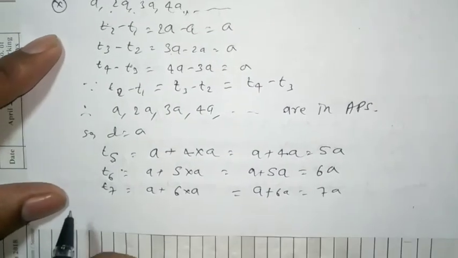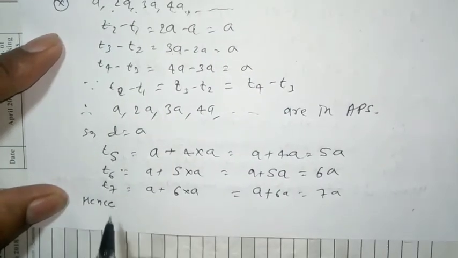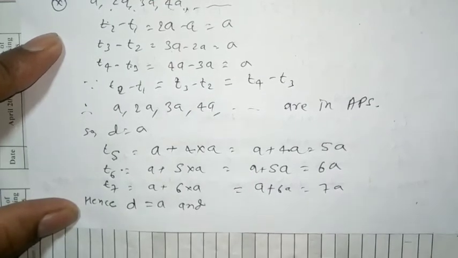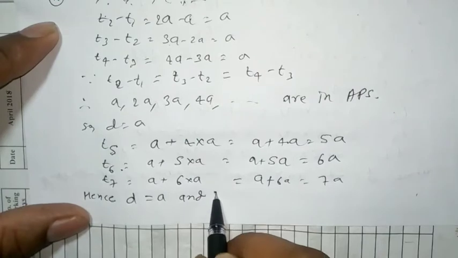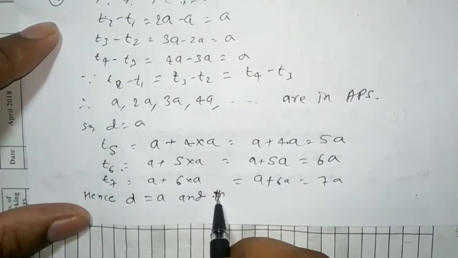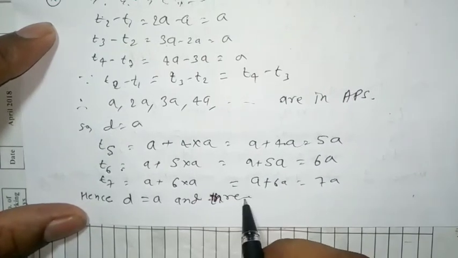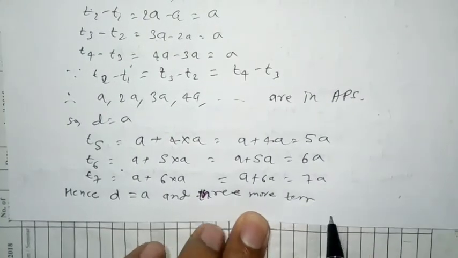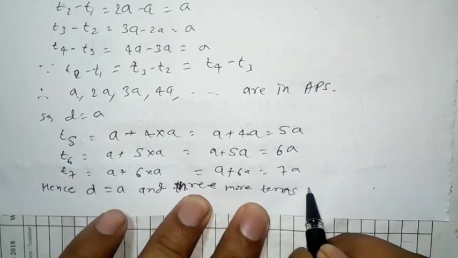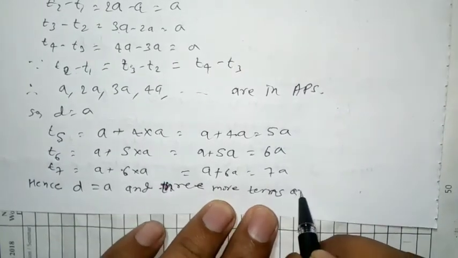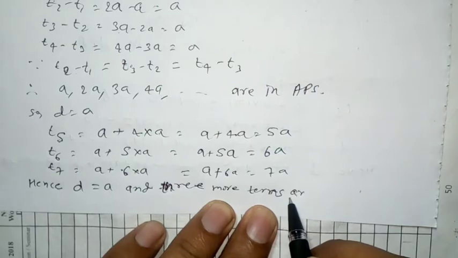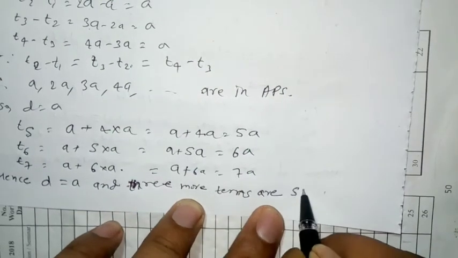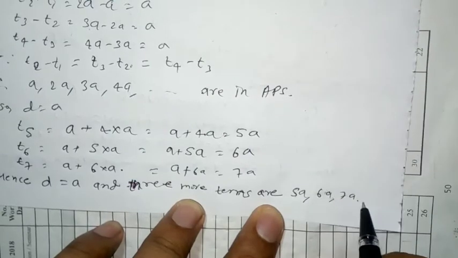Hence d is equal to a, and the three more terms are 5a, 6a, 7a.